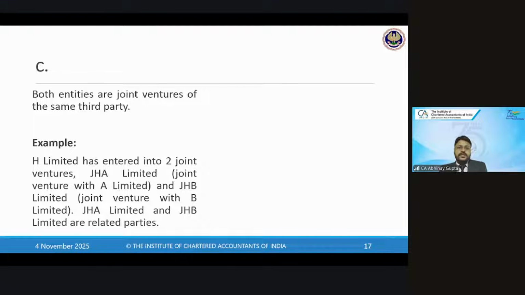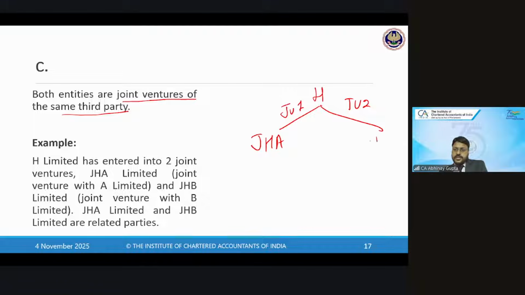Then we will read clause C. Both entities are joint venturers of the same third party. What does it mean? It means H Limited has entered into two joint ventures, JHA and JHB. So there are two joint ventures which H holds.